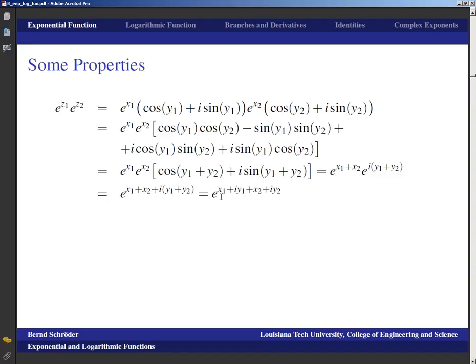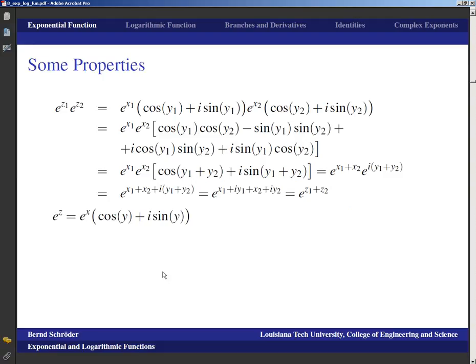And then we just sort things out, put corresponding subscripts together, and we get e to the x1 plus iy1 plus x2 plus iy2, and that is e to the z1 plus z2, as we formally, and just formally, knew from the real line, but now we have proved that this also works for complex exponents.